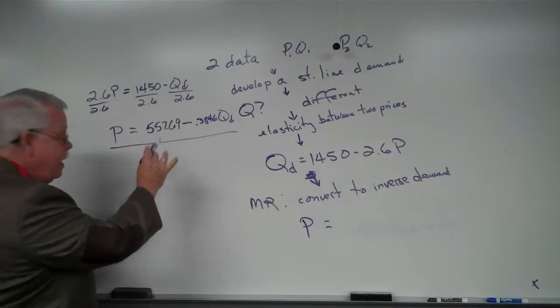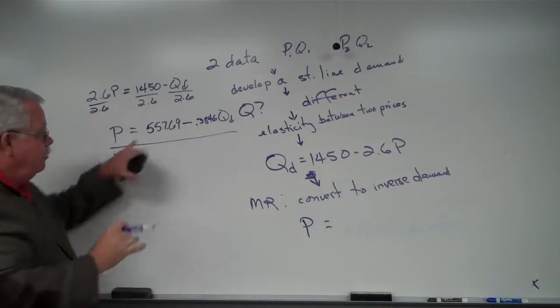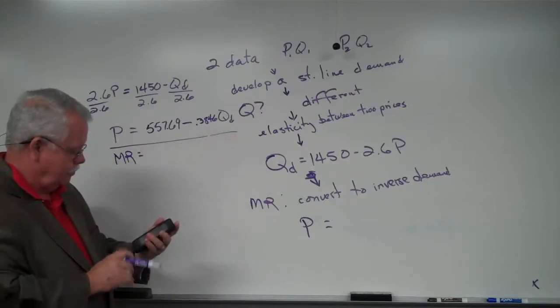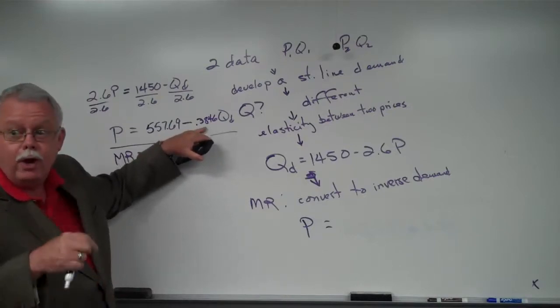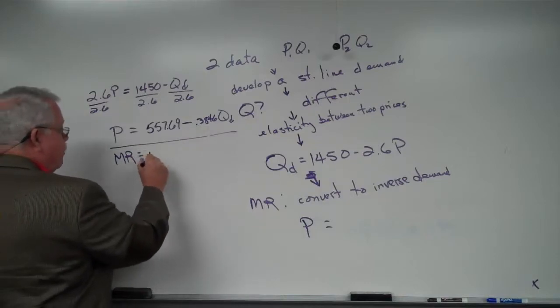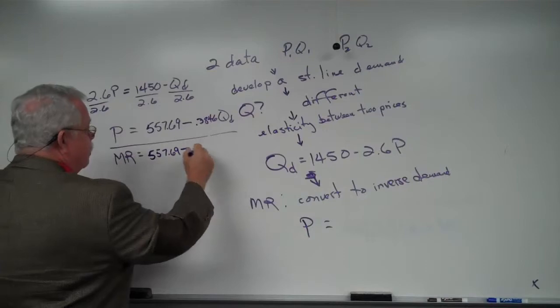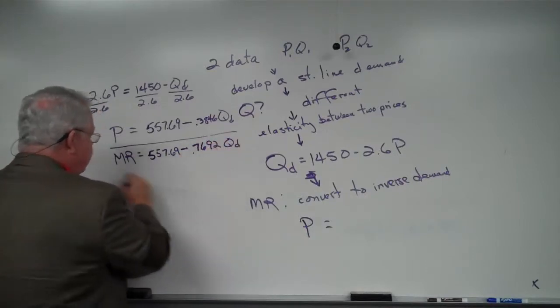That's the inverse demand. The marginal revenue is the same equation, except the slope is twice as steep. So the marginal revenue is 557.69 minus 0.7692 QD.